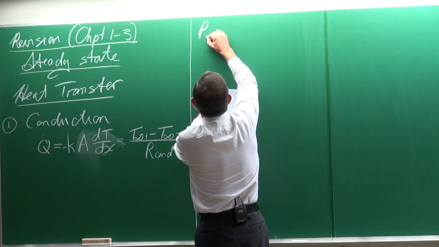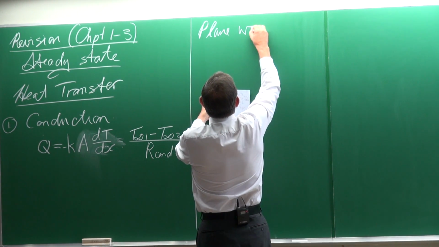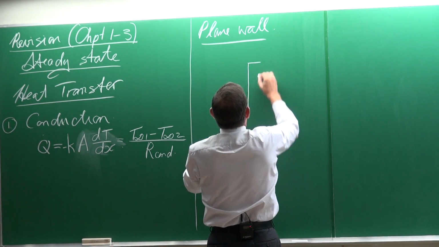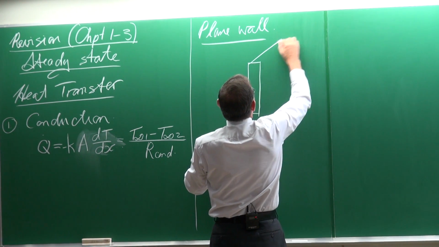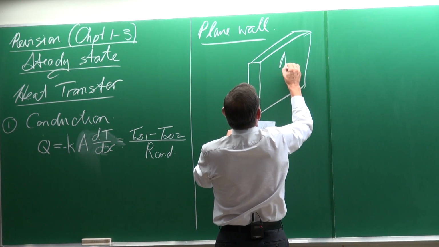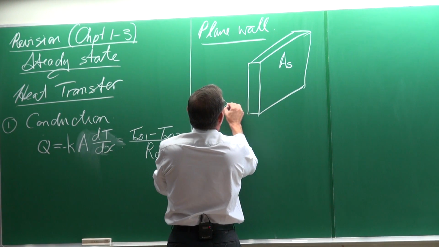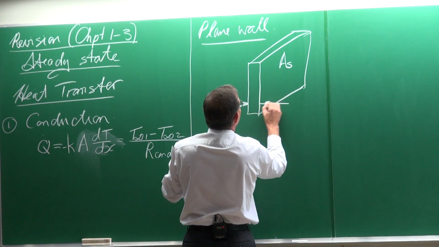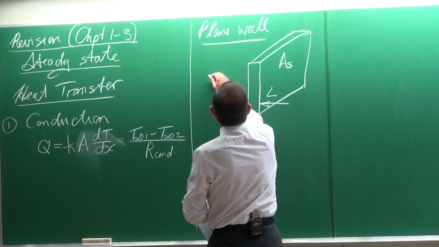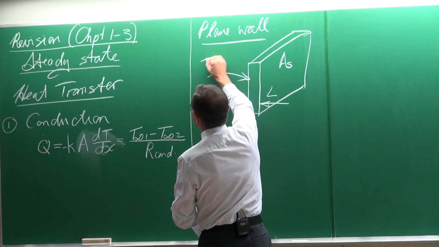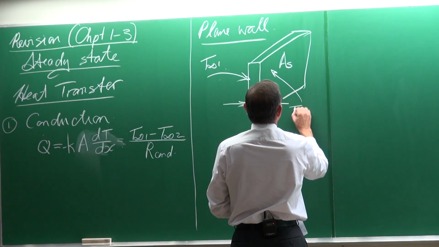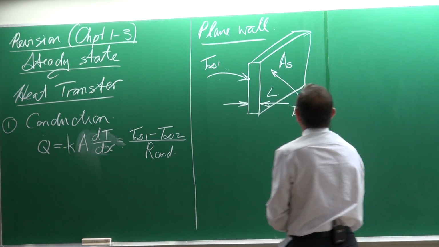For example, the plane wall, which is the simplest case, which you started with, and that might be the plane wall like that, with surface area AS, and that is the thickness of the plane wall L, and the surface on this side is equal to T infinite 1, and the temperature on that side is equal to T infinite 2.